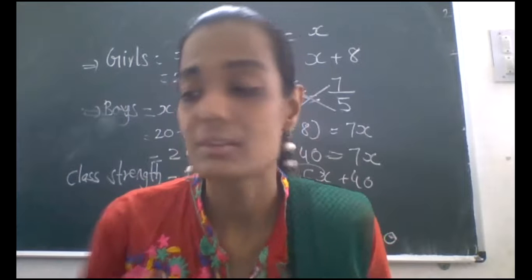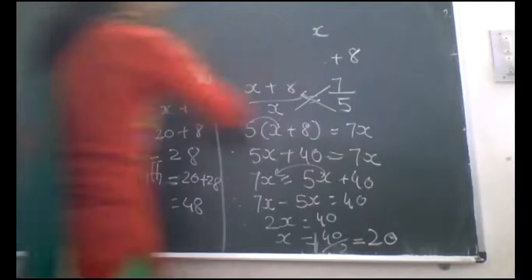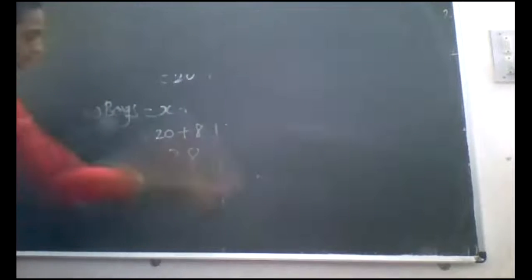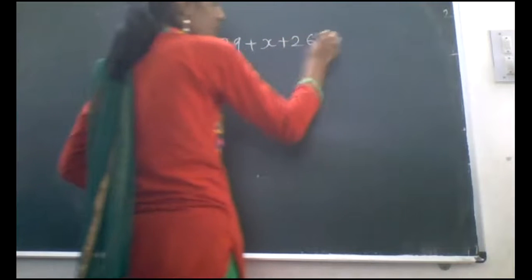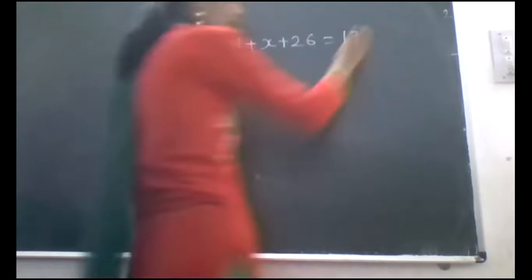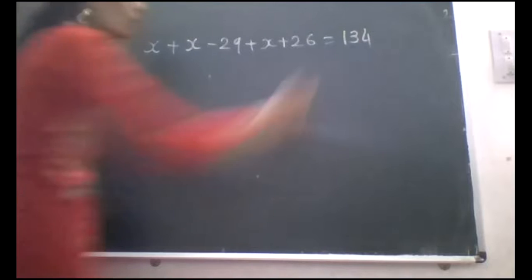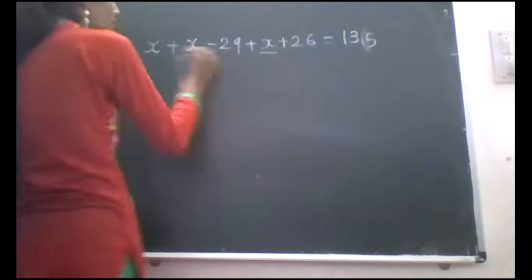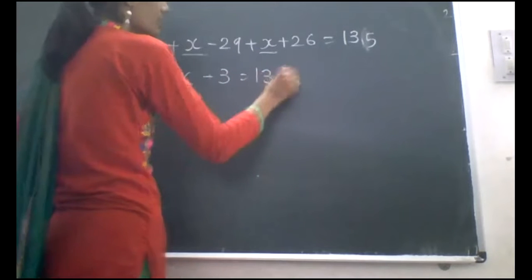Now add all three and you will get 135. So x plus x minus 29 plus x plus 26 is 135, so 3x minus 3 is equal to 135.